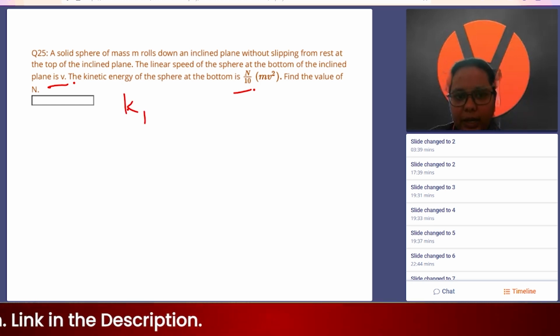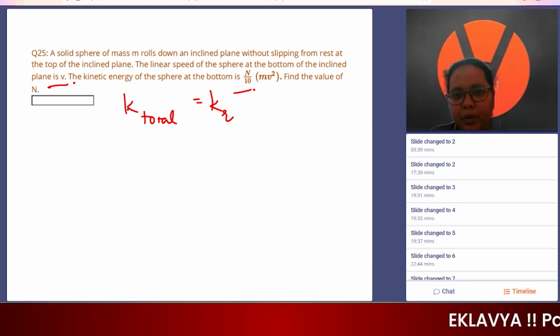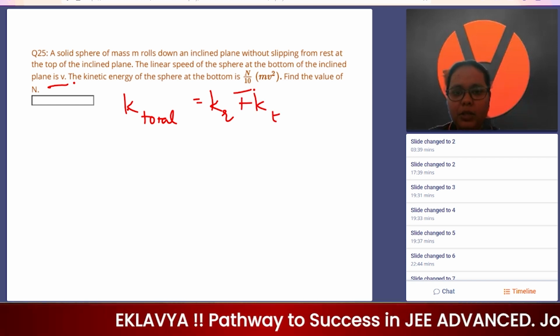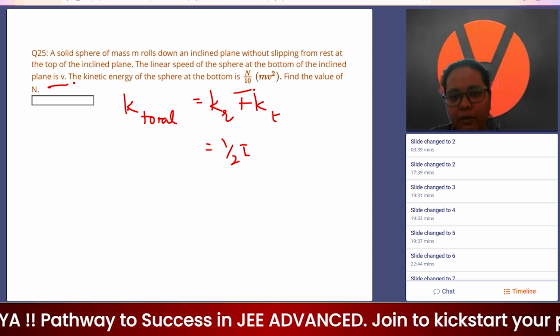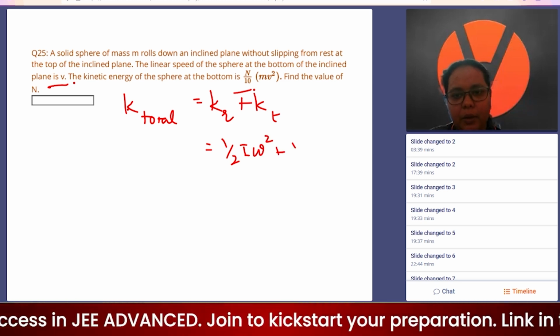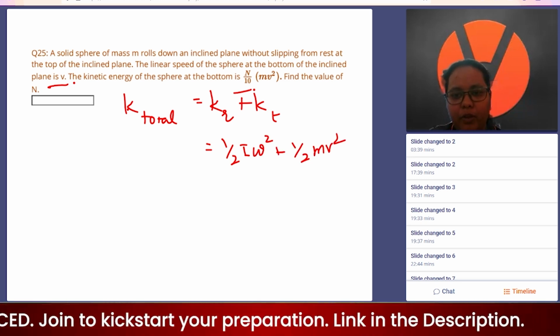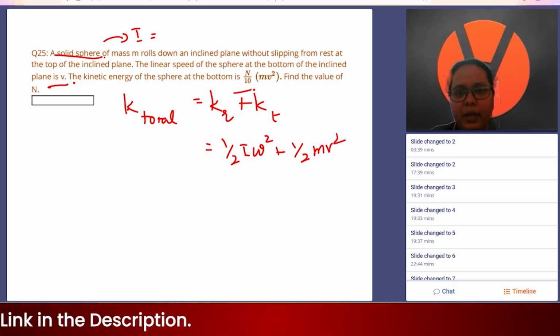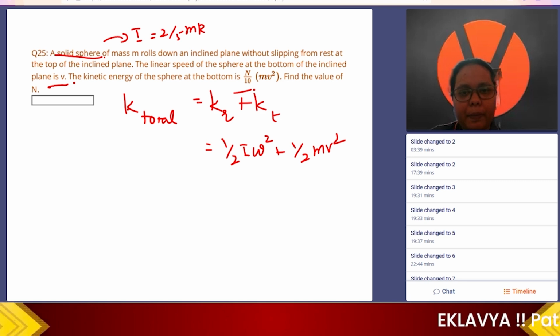Now, the total kinetic energy is nothing but, what we know, rotational kinetic energy plus translational kinetic energy. So what is the rotational kinetic energy? Half I omega square plus half m v square. They mention solid sphere. For a solid sphere, I is equal to 2 by 5 m r square.